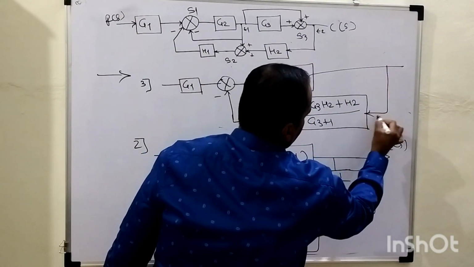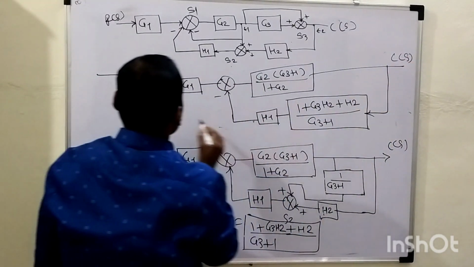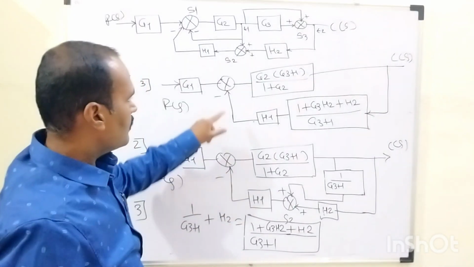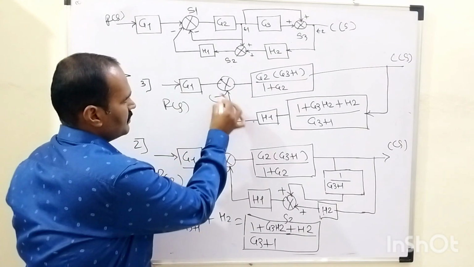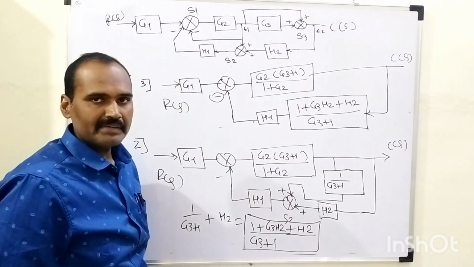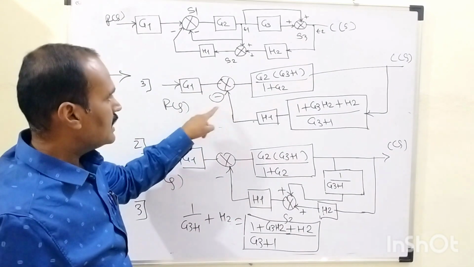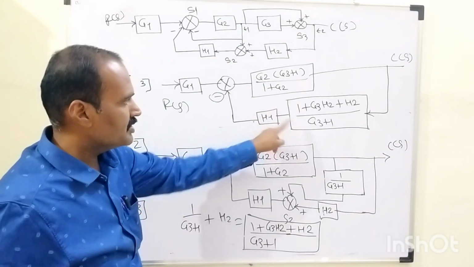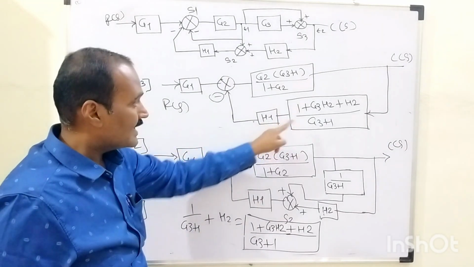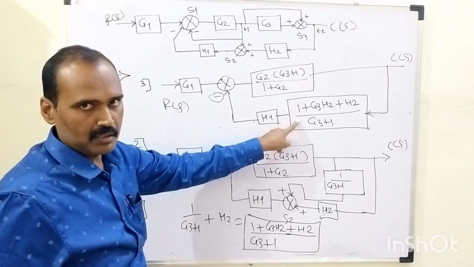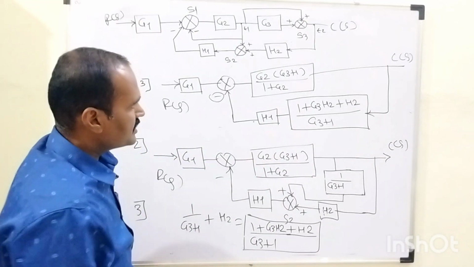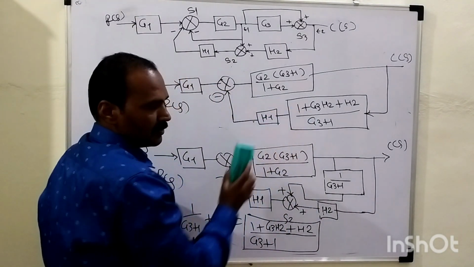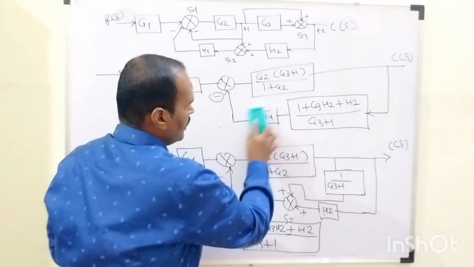This is the feedback signal C of S. This is R of S, right? Now as far as this summing point number 1 is concerned, which mathematical sign are we having here? Negative, meaning we are having the negative feedback. So in step number 4, it is very clear that these two blocks are connected in series form, right? So their gains are being multiplied with each other. As a result of multiplication, this term will become what here? I will modify it, because these two blocks are now connected in series form, so their gains are multiplied.